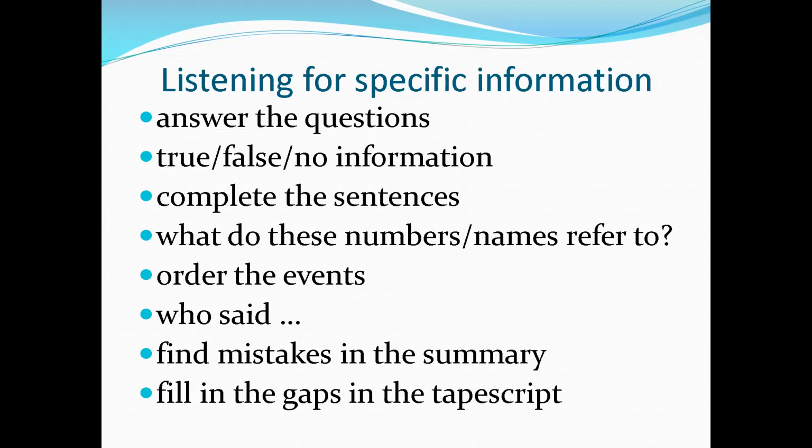Getting back to true, false, no information, it's extremely important to teach your students to distinguish between false, meaning there was contradictory information in the audio, and no information, right?